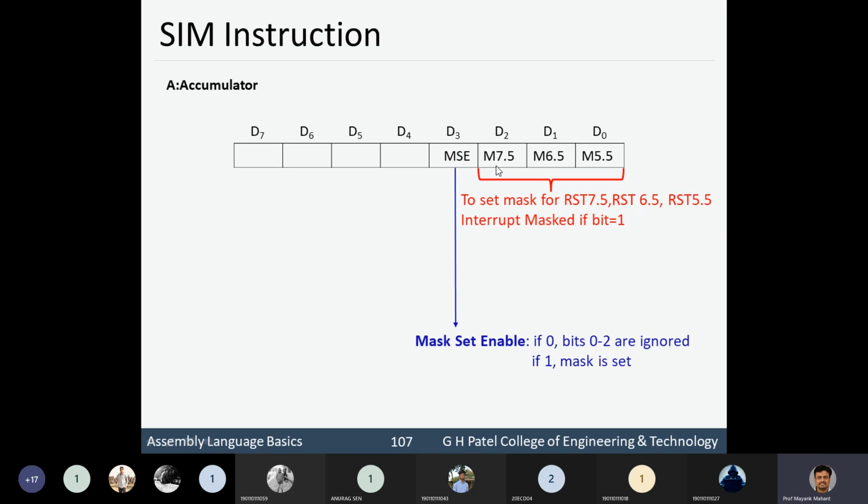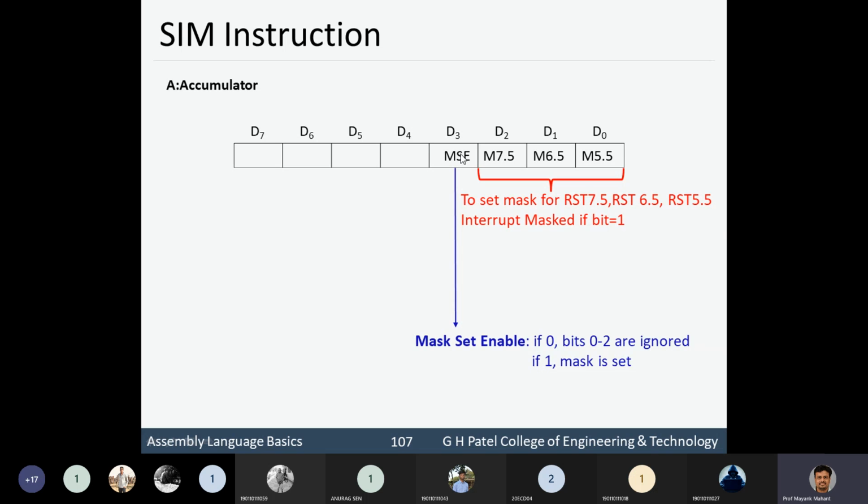Okay, this will set the enables if it is 0. And bits 0 to 2 are ignored if this bit is 0. This is just for enabling and disabling all the interrupts. So if it is 0, then bits 0, 1 and 2 are ignored.